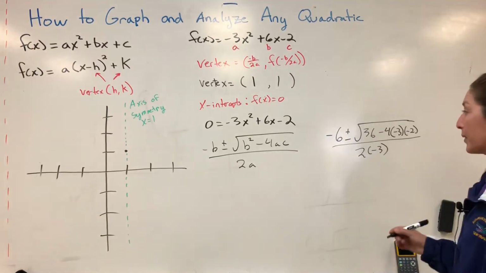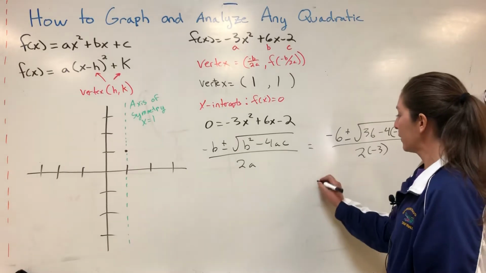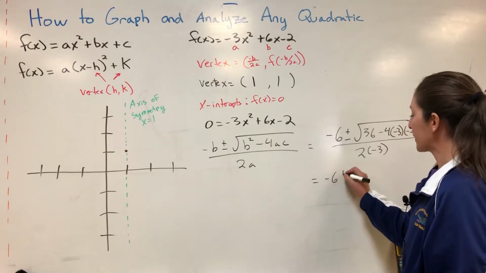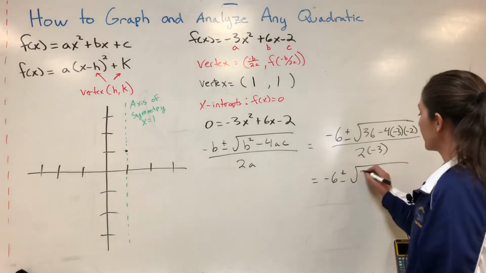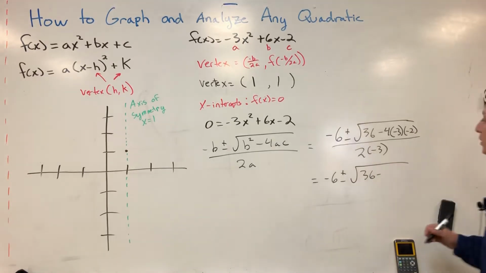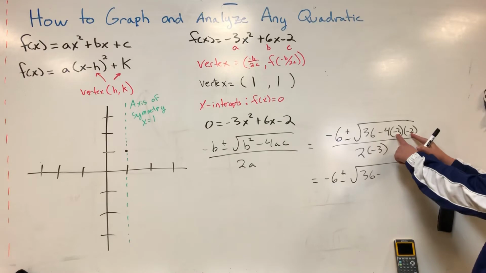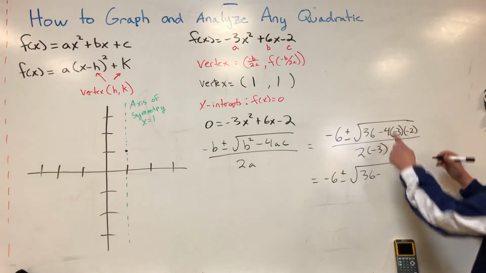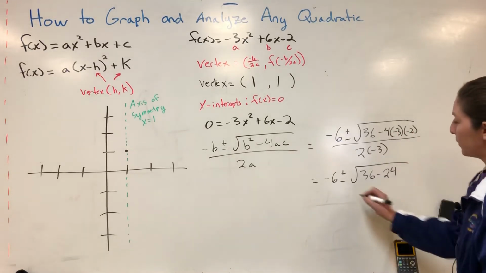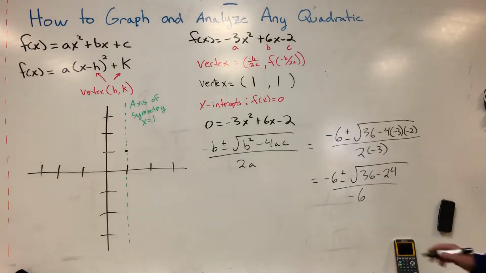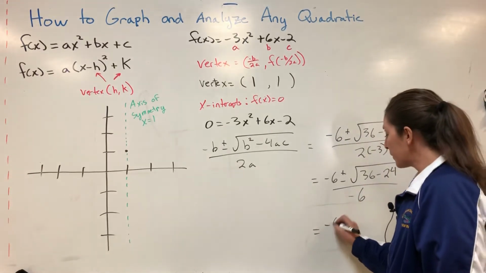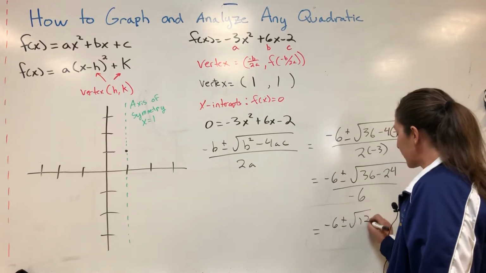All right, now let's simplify. So we get negative 6 plus or minus the square root of 36 minus, okay, negative times negative is a positive, so that's positive 6 times 4. So it'll be a 24 there. 2 times negative 3 is negative 6. If we simplify this a little bit further, plus or minus the square root, that's going to be a 12 all over negative 6.